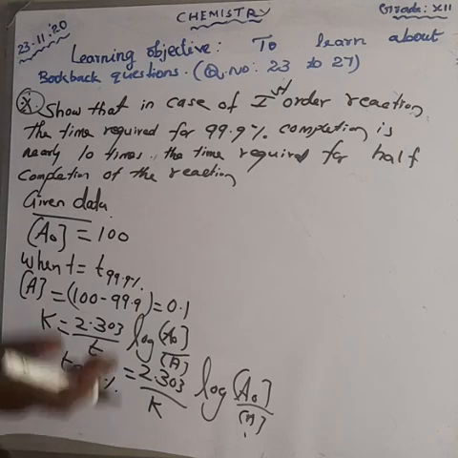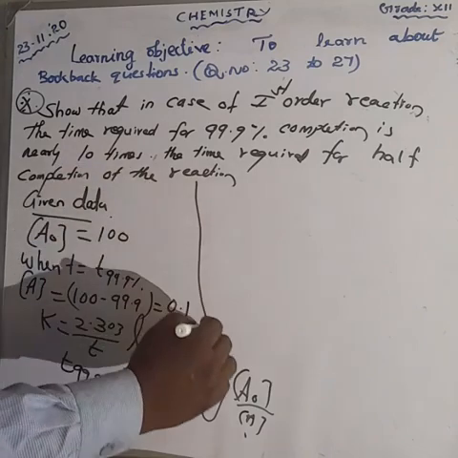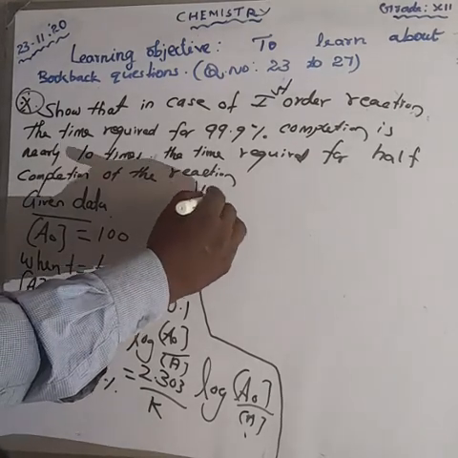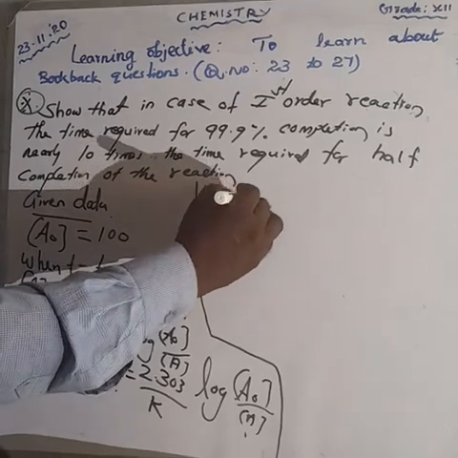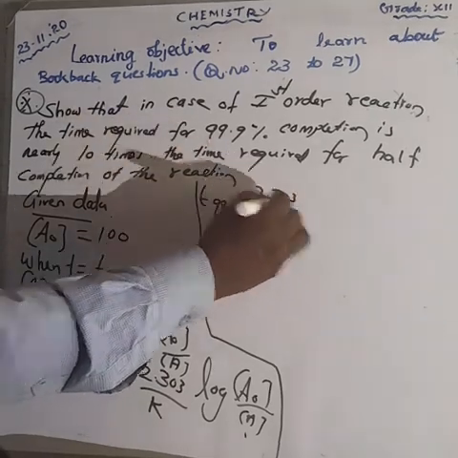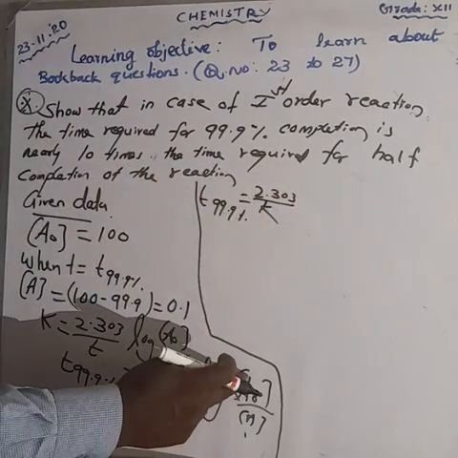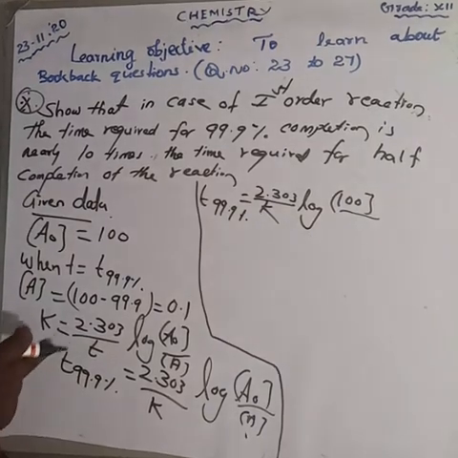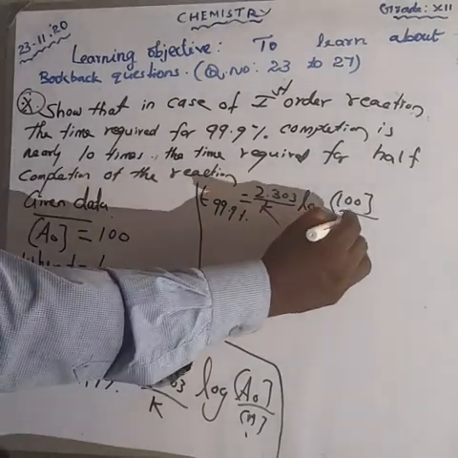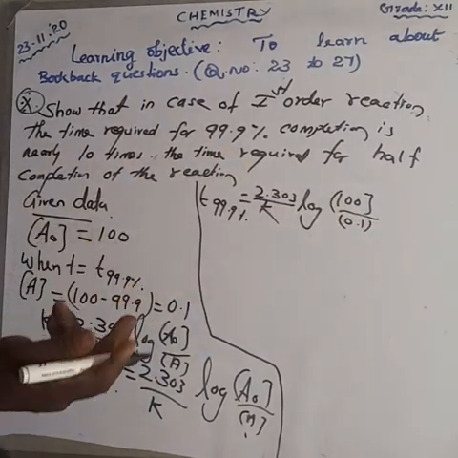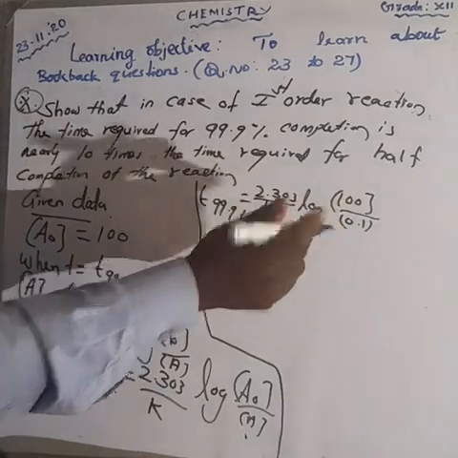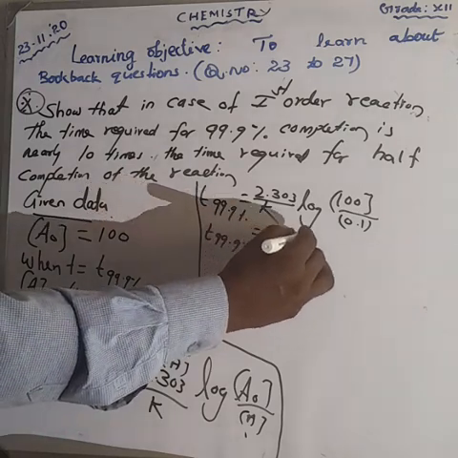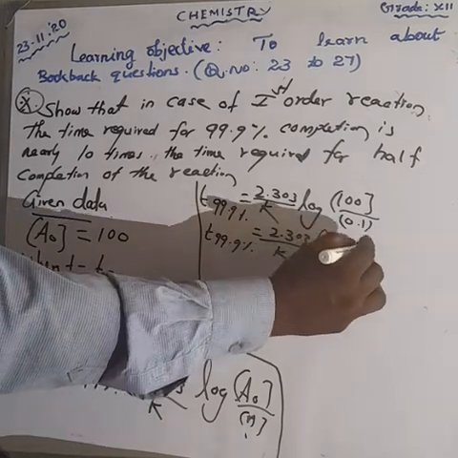Next we substitute the values as per this formula. t 99.9% is equal to 2.303 by K log of A naught, which is 100, by A, approximately 0.1. Dividing, 100 divided by 0.1 is 1000. So t 99.9% is equal to 2.303 by K log of 1000.